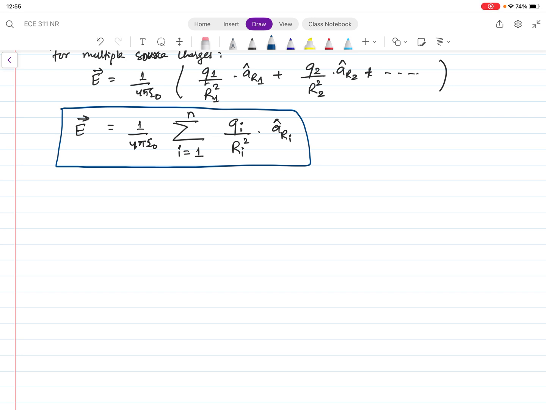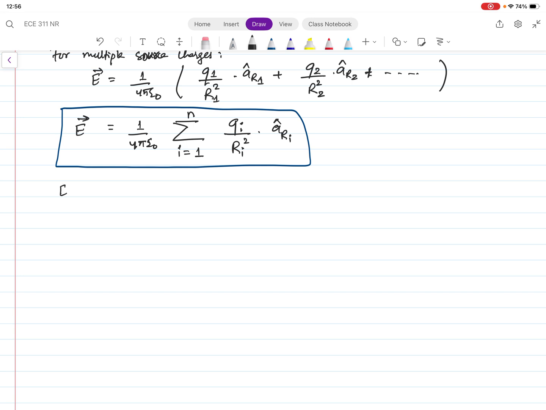Now let us explain a little more about the electric field. So electric field is a vector quantity that varies from point to point, and it depends on the configuration of source charge. Let me write that down.